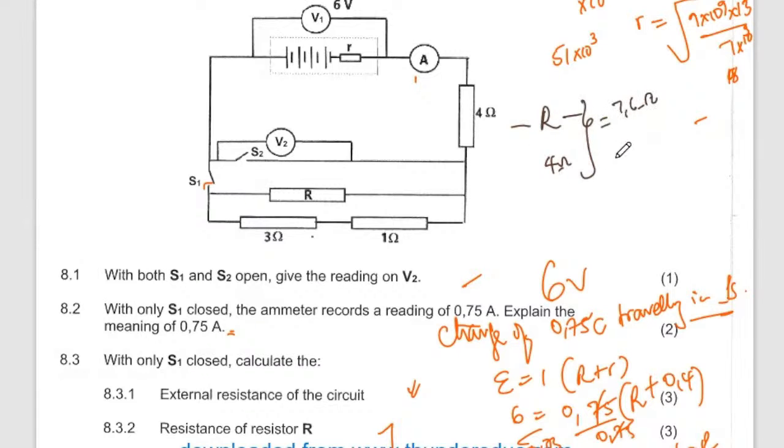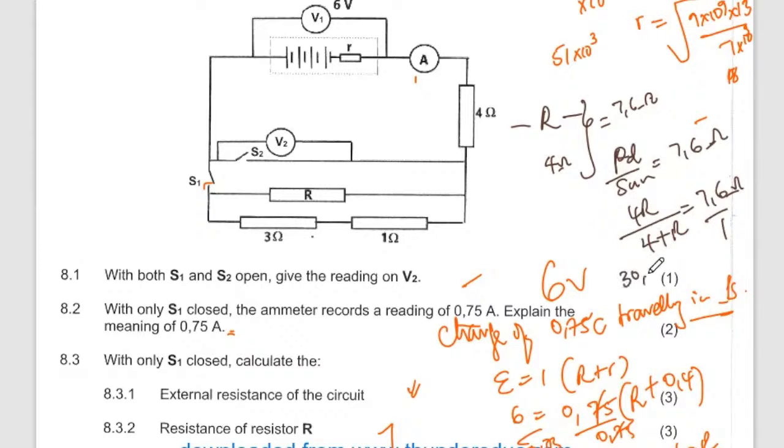Since it's parallel, I can use the product over the sum. So product over the sum is giving me the 7.6 ohms. My product is going to be 4R over 4 plus R must give us 7.6 ohms. If I cross multiply, 7.6 times 4, I'm getting 30.4 plus 7.6 R must give us 4R.